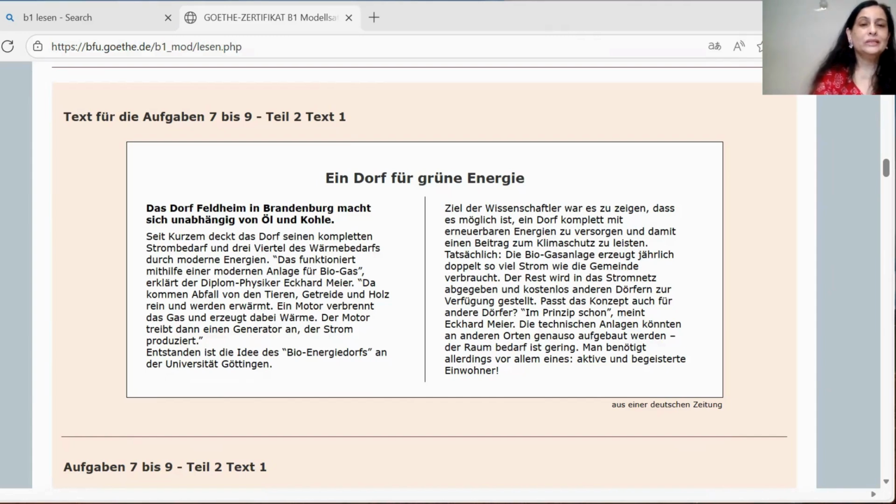The text is saying that this village is now oil and coal free. They are using natural energy through biogas, so they have a biogas plant. And there is a physicist called Eckhard Meyer.